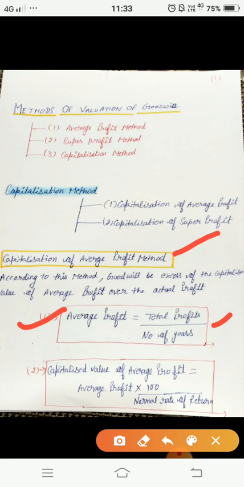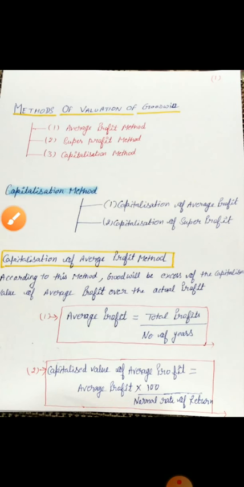The formula is average profit multiply 100 divide rate of return. It means that you have calculated the value of capital that is required to earn this profit. So you have calculated the capitalized value of average profit.